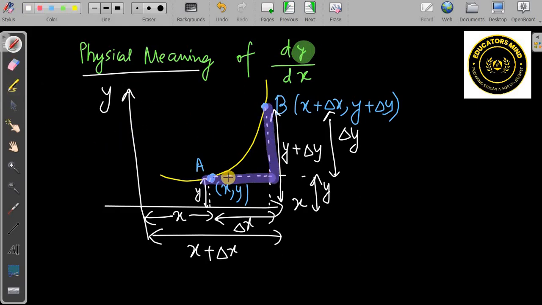Okay, now let us join the line AB. I am going to now join the line AB by a straight line like this. It may not look exact, but approximately you can take that it is passing through the points.